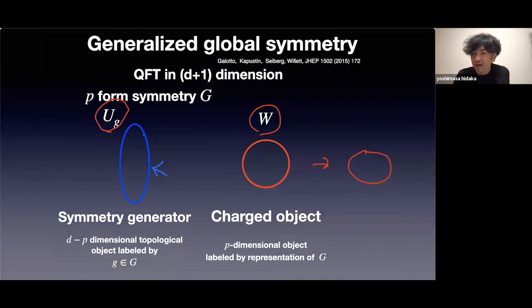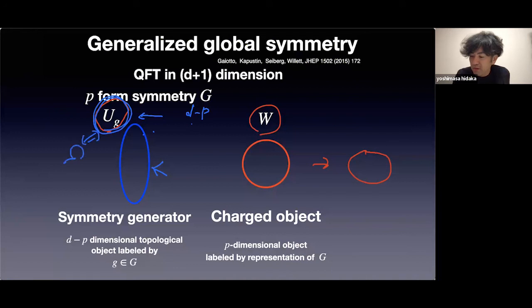So there exists some corresponding D minus P form. So in this there is some correspondence.